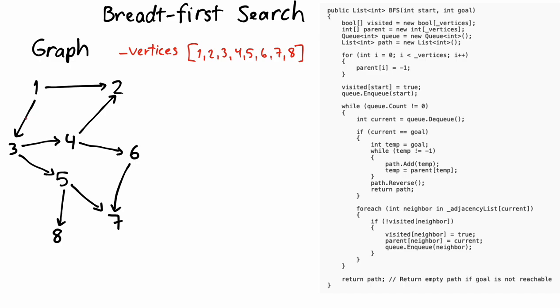So there should be 9 connections between those vertices, but we don't write it up. But when we start this algorithm, we start with creating some arrays and one queue and one list.